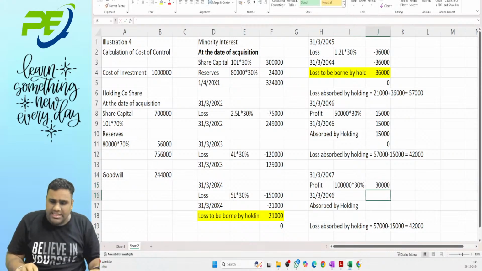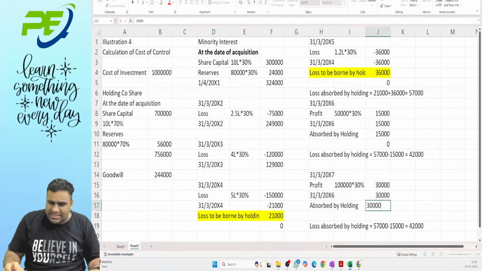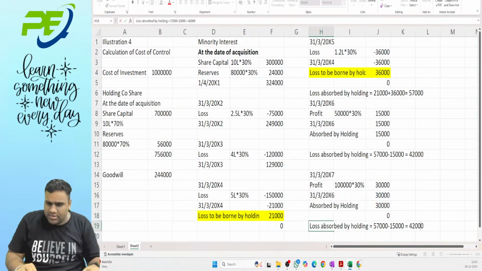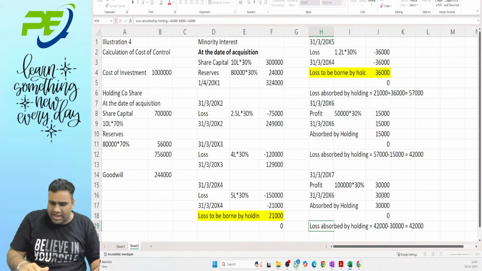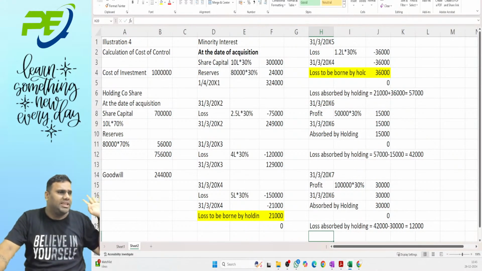Then can they enjoy? No, no. The holding company will take this 30,000 and their share will again become zero. 42,000 minus 30,000. Is everyone able to follow this clearly?